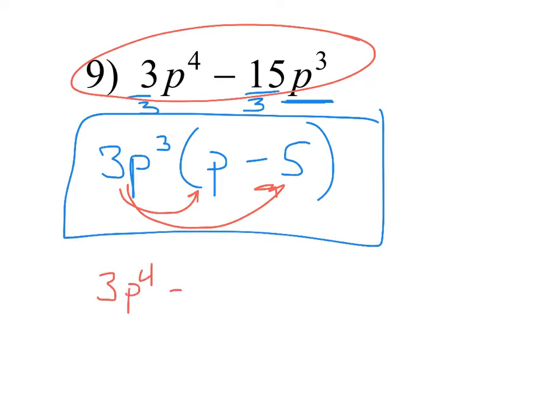And then 3p cubed times negative 5 would be negative 15p cubed. So that's the same exact thing that we had in our original equation. So if we wanted to on the test, we can multiply it all back out and we would get the same thing we started with. That's a good way to check your work at the end if you have time.